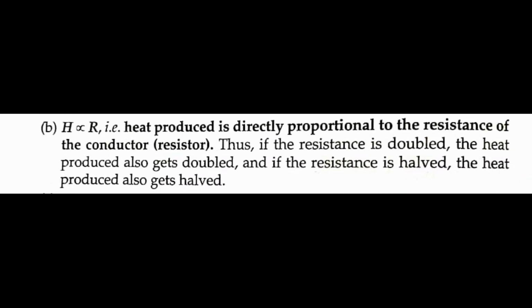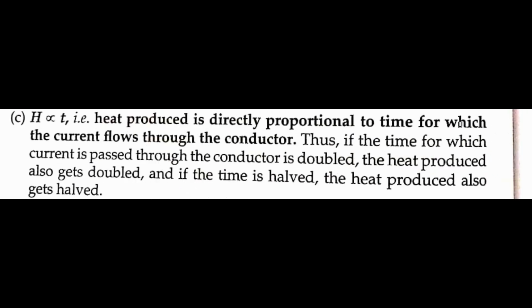Heat produced is directly proportional to the resistance of the conductor or resistor. Thus, if the resistance is doubled, the heat produced also gets doubled, and if the resistance is halved, the heat produced also gets halved. Heat produced is directly proportional to the time for which the current flows through the conductor.